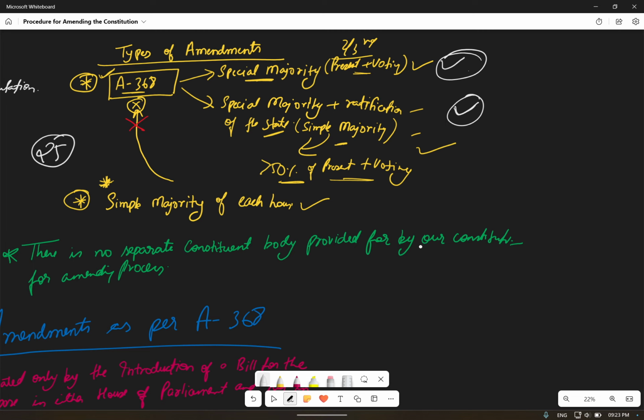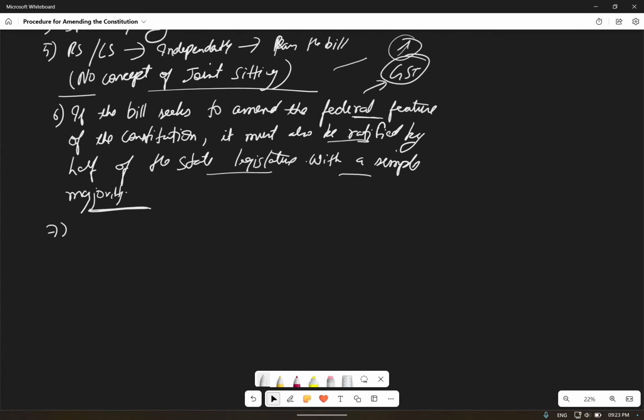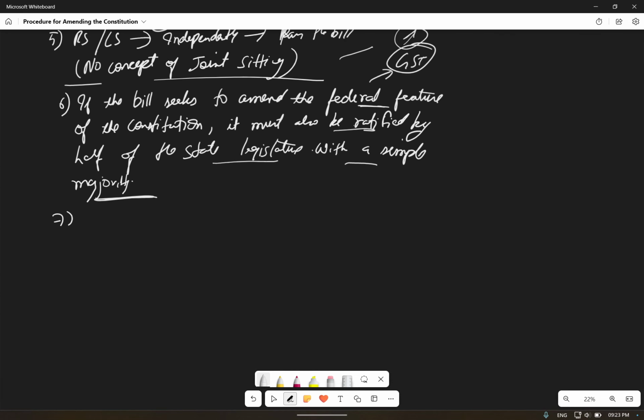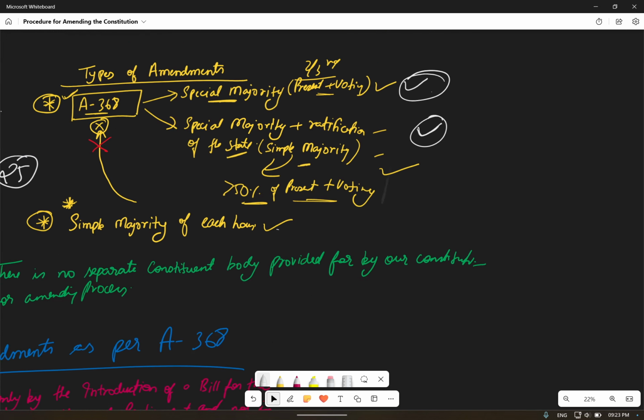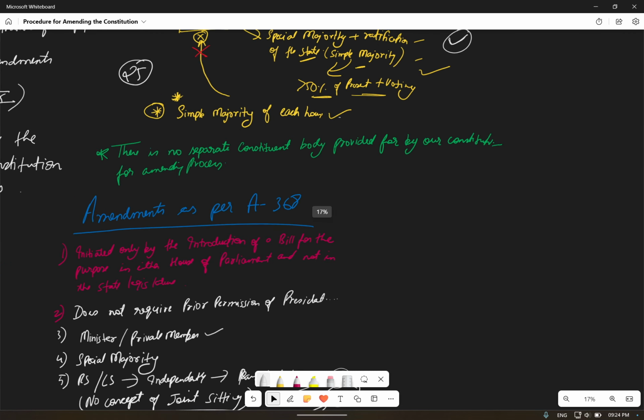That kind of thing should not be considered an amendment under article 368. In that case, it only requires a simple majority, and after that the constitution will be amended. We are going to discuss those things in detail. I'm just giving you a glimpse of it, because we have just discussed special majority and special majority with ratification, but didn't discuss the simple majority of each house, so I have added that point, where these things are required.